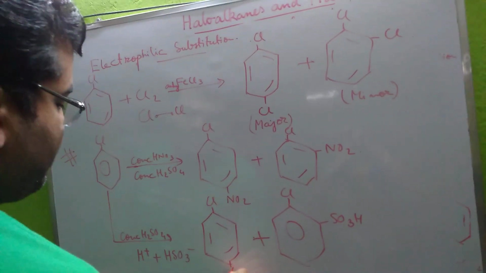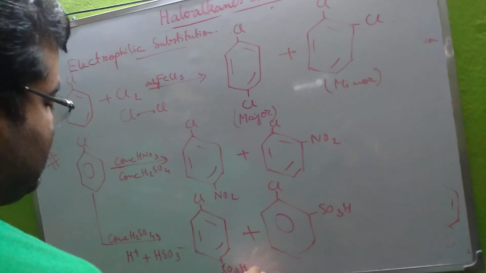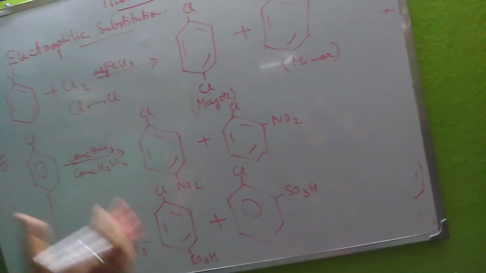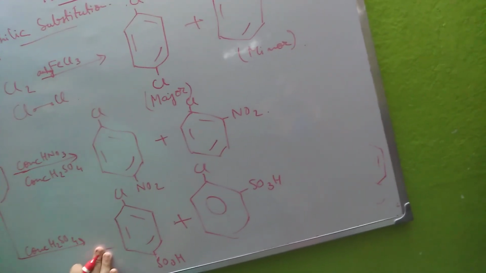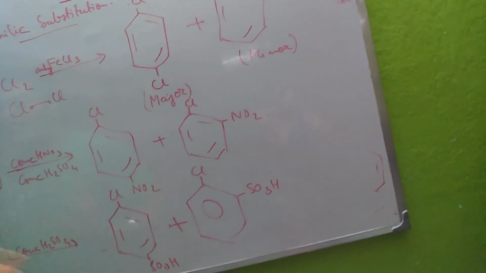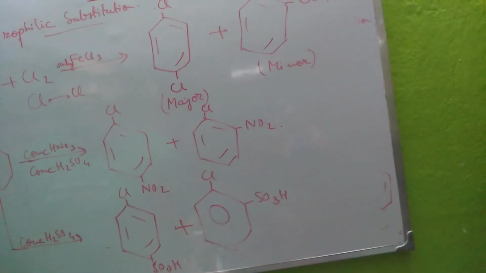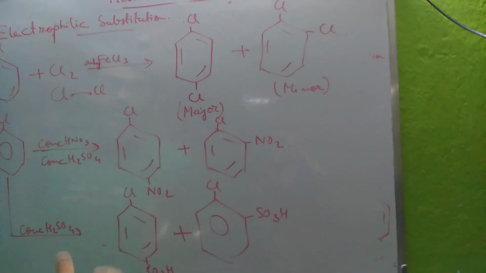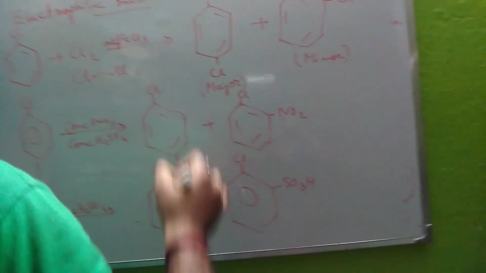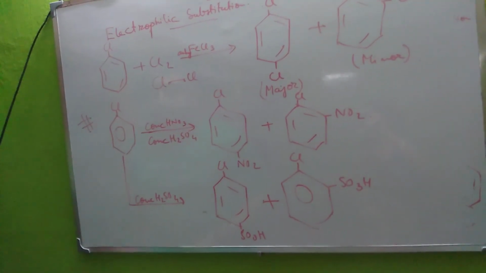Sorry, this would be SO3H. So again, as you can see, each time the same phenomenon, para and ortho. Para will be the major one. So this was what electrophilic substitution was about, ortho and para positions, and para compounds are much more major because they have a symmetrical structure, whereas ortho they do not have.